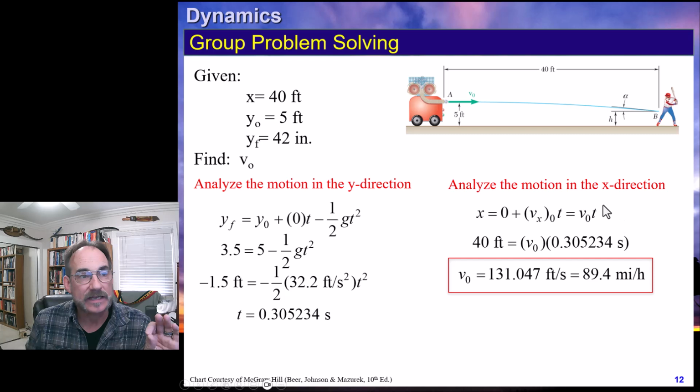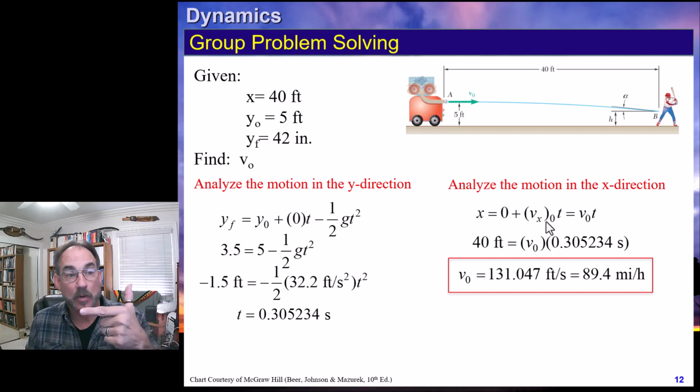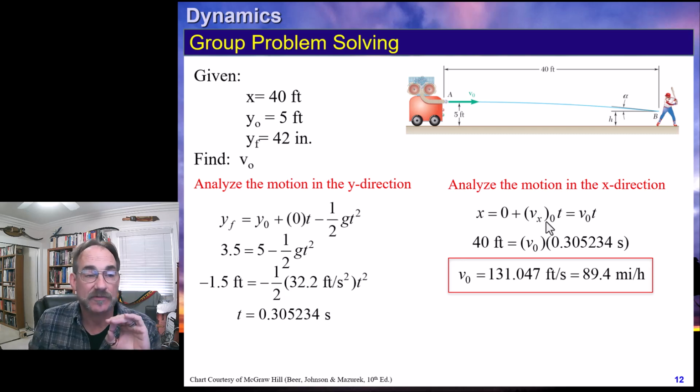Once we have that, we can solve our x coordinate, where the position is just the initial position, which we're assuming is the origin, plus the initial velocity in the x direction, which is just the full initial velocity since it was shot horizontally. We don't know what that is. Times time. You can now solve this for the initial velocity based on that time calculation we already did, and we find out what the velocity is.